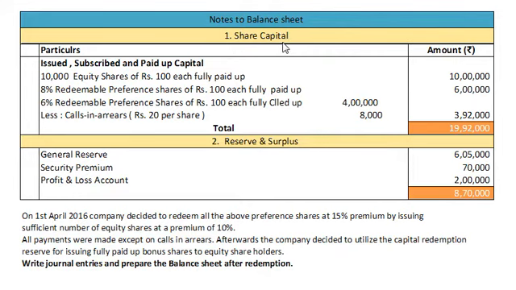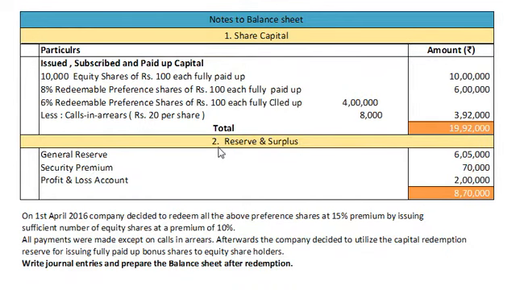Note number 1 for share capital. We have issued, subscribed and paid up capital: 10,000 equity shares of rupees 100 each, fully paid up, rupees 10 lakh. 8% redeemable preference shares of rupees 100 each, fully paid up, rupees 6 lakh, and 6% redeemable preference shares of rupees 100 each, fully called up, rupees 4 lakh, minus calls in arrears rupees 20 per share, amount rupees 8,000, total amount 3,92,000, and share capital amount 19,92,000.